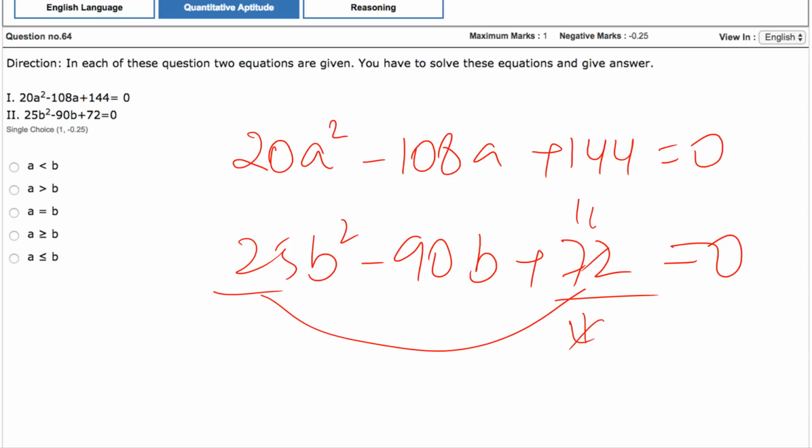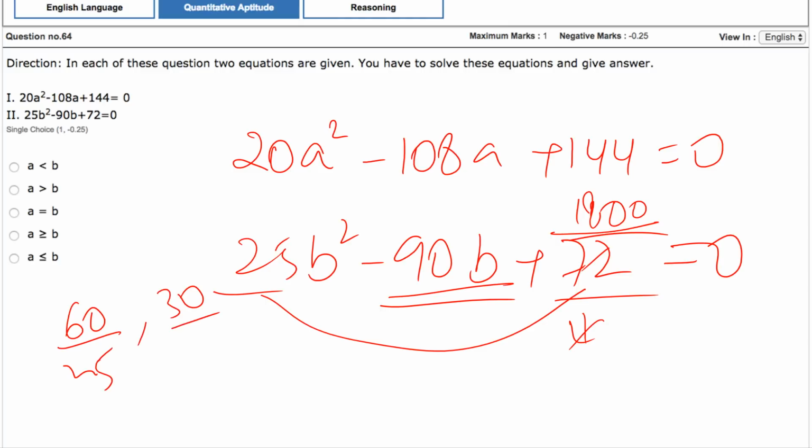So this is 1800. The moment you see 1800, it becomes very easy, which is minus 60 minus 30. So this is 60 by 25, and this is 30 by 25, right? 5 5s are 25, 5 12s are 60. This is 5 5s are 25, 5 6s are 30. This is 2.4, and this is 1.2, no problem here.